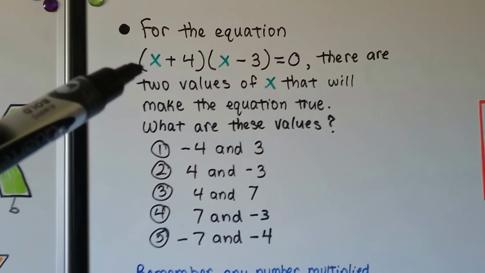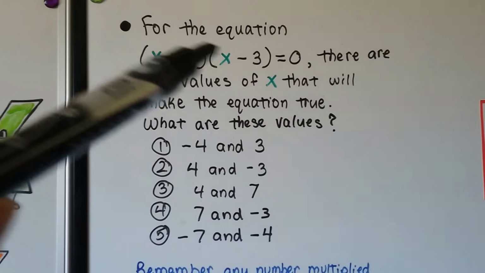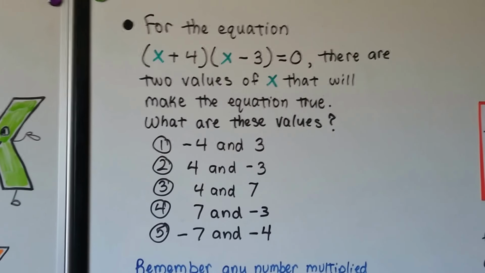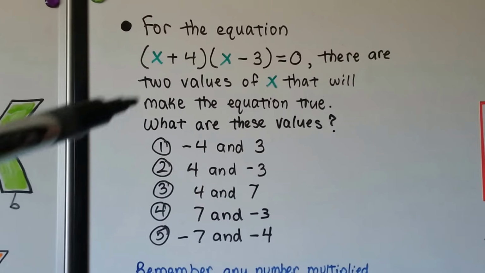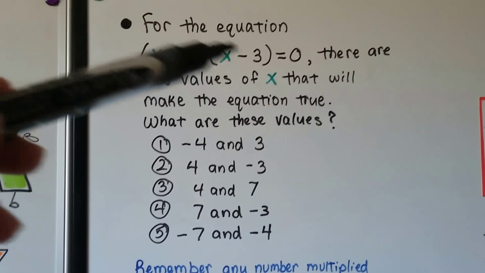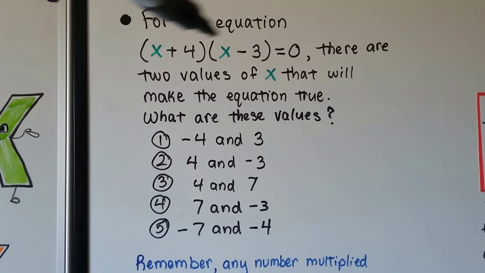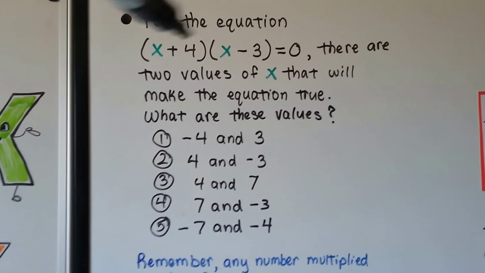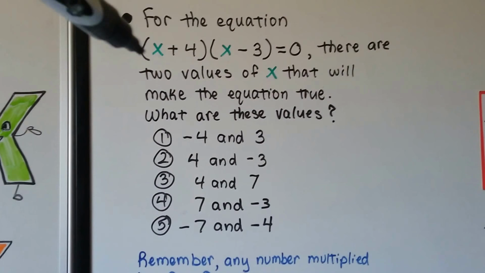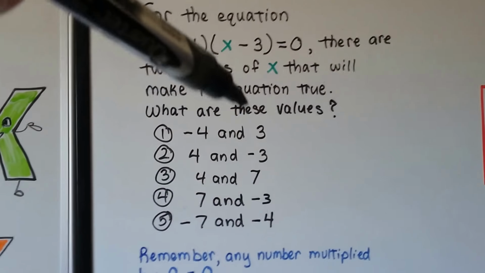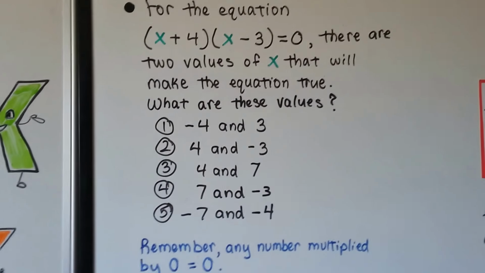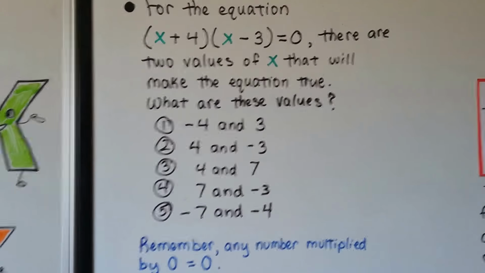X is x. If it's representing a number, it represents that number throughout the entire equation. So what it's saying is we can do 2 different sets of equations. We can do one where their x is both -4, and then we can try it again where both x's are a +3. See? And what are these values?